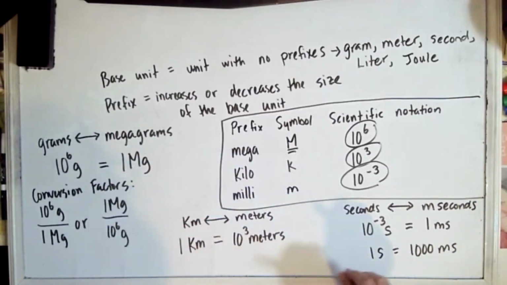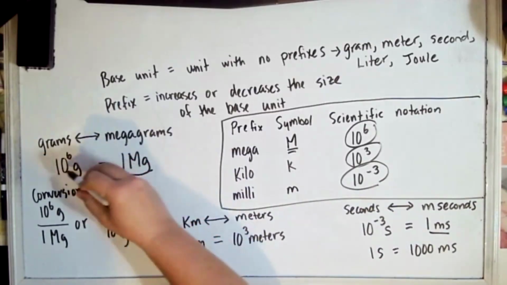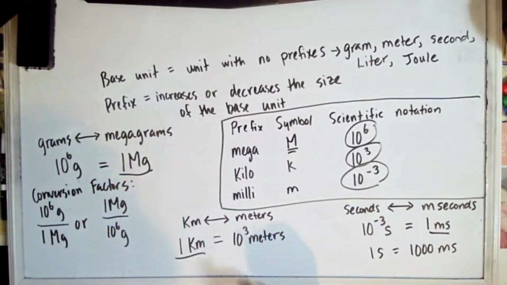The pattern that I'm showing you here, where you keep the 1 with the prefix and you keep the exponent with your base unit, I'm showing you so that you can apply that to every situation. So if you're ever not sure, you have a pattern to fall back on, and you can use that to create your conversions if you're working with a unit that you might not be familiar with.